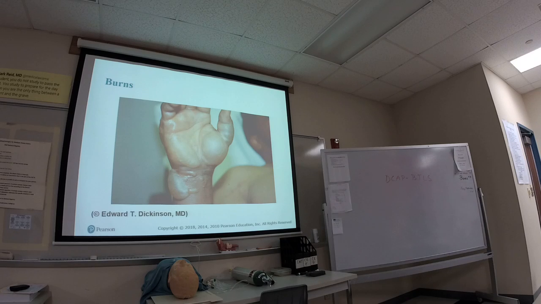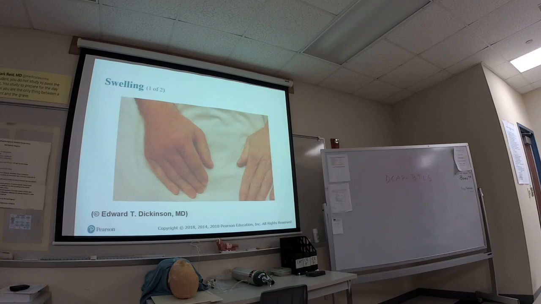Second degree goes through the epidermis and dermis, and then third degree goes all the way through the hypodermis. Well, if we keep it simple, the second degree burn forms the blister. Okay, that's how we can tell. First degree burn's like a sunburn. A second degree burn forms a blister, and a third degree burn is sort of a charring effect, leathery looking. Okay, so burns, then swelling.